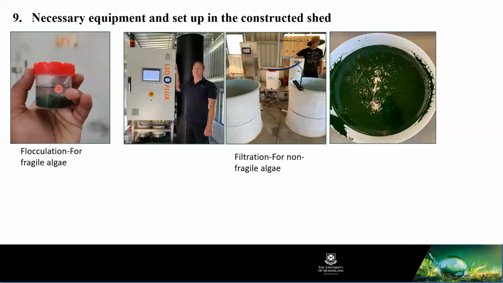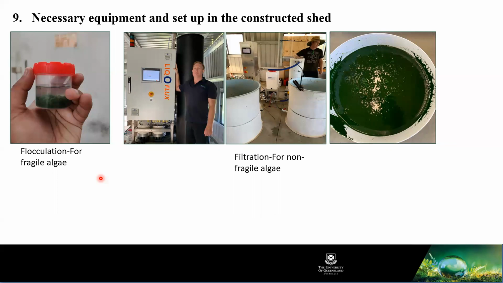So we developed an organically sustainable flocculant in collaboration with another company in India, where we could use a very minimum quantity of the flocculant. For example, 0.1 ml for 1 liter of algae water to flocculate it.